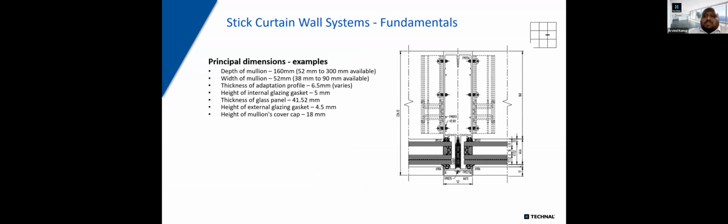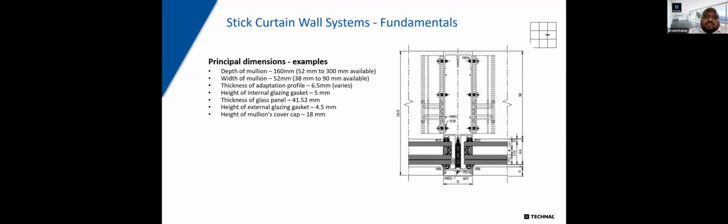Most of the architects traditionally assume 160 as the complete mullion depth, and that's what they usually accommodate on the facade. But it is very important to note that that's not a good assumption, because that will change depending upon the project location and the external weather conditions and the environmental conditions. So please speak to Technal to understand what would be the exact mullion depth, and this will vary from project to project.